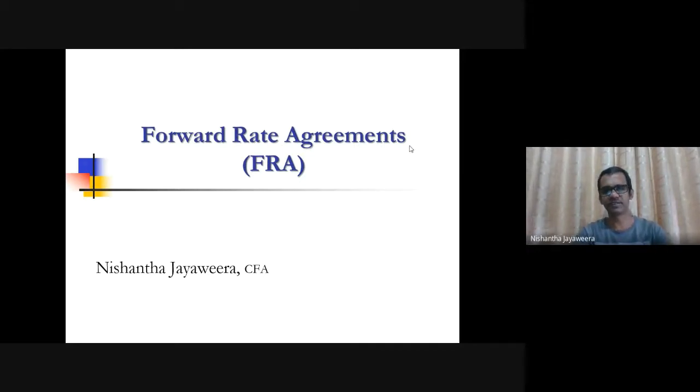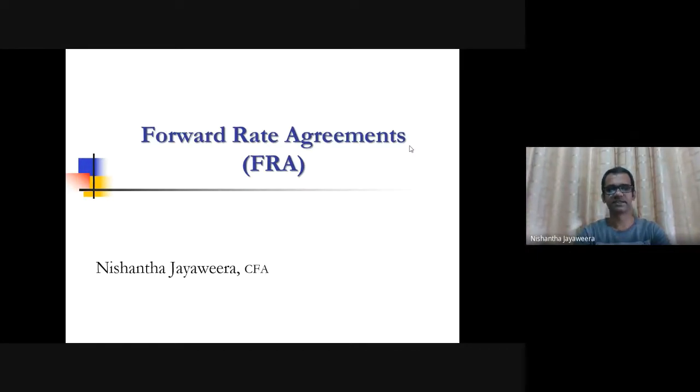What is the forward exchange rate? The rate at which two currencies are traded on a future date.